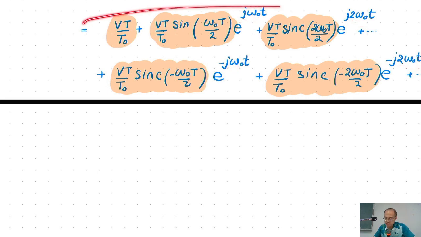So for the Fourier series of x, the coefficients will only exist at these frequencies. For example, when omega is 0, when omega is omega 0, omega is 2 omega 0, frequency minus omega 0, minus 2 omega 0, and so on.